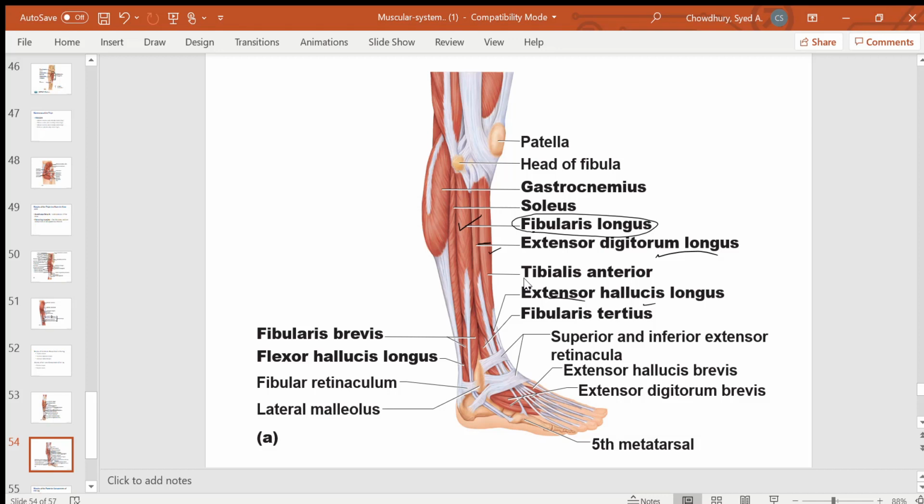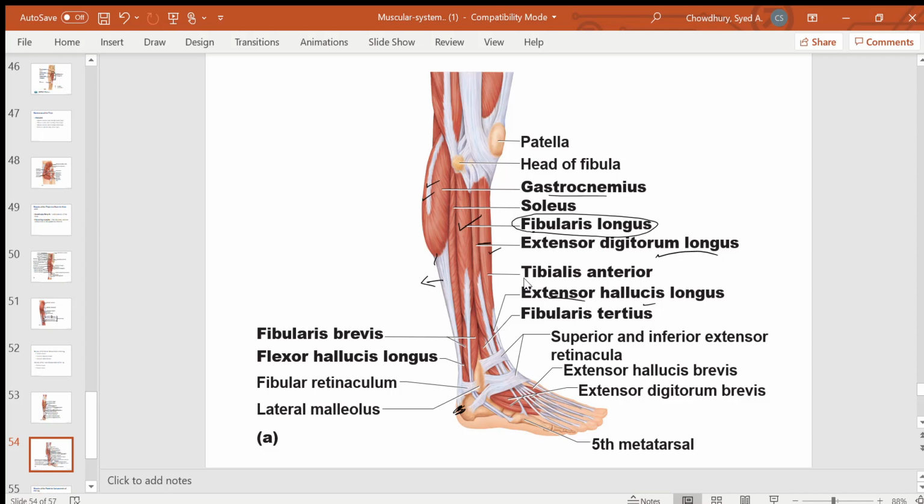The main bulk of the back is formed by the gastrocnemius. It has two heads, lateral and medial. So this is the outer one in the back of your leg, and that is the big one, gastrocnemius. From the lower end of this muscle, you see this large tendon go to the heel bone, calcaneus.